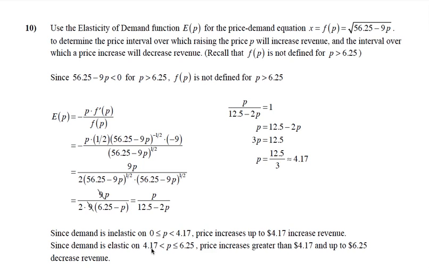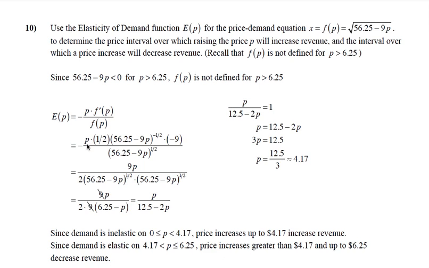Now beyond $4.17, but not going any farther than $6.25, because that's our maximum price, between $4.17 and $6.25, demand is elastic, and that means that if we increase price, then we'll actually decrease revenue.